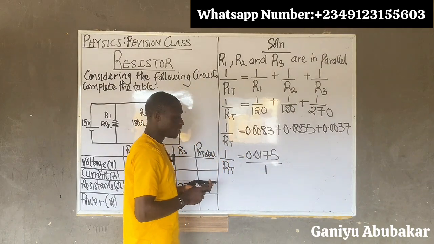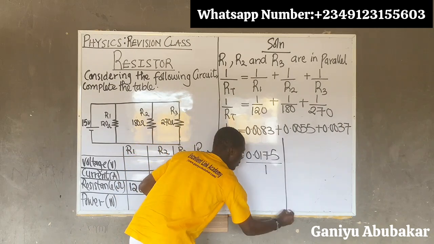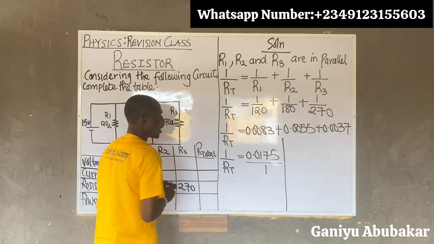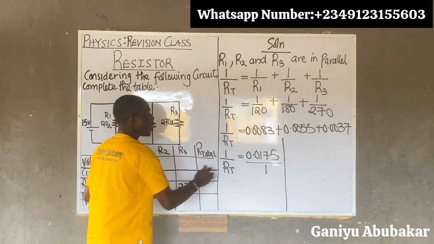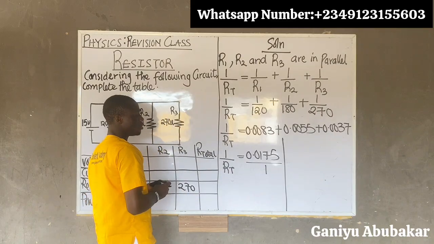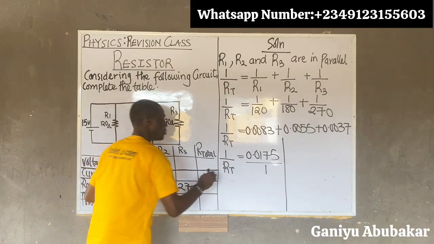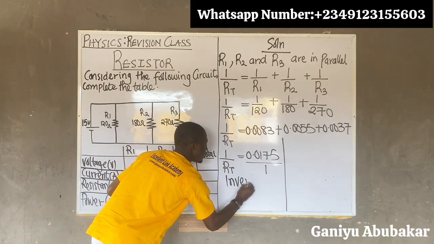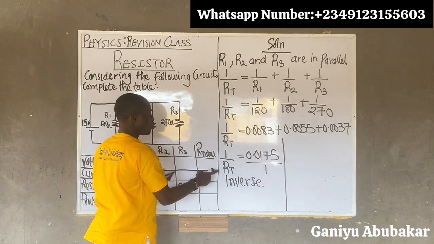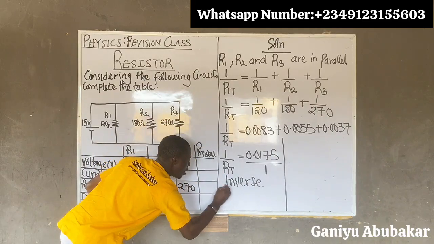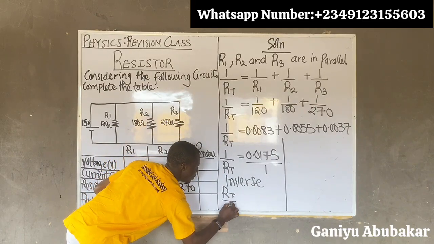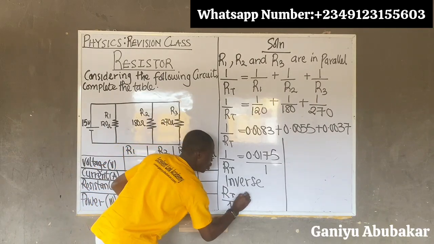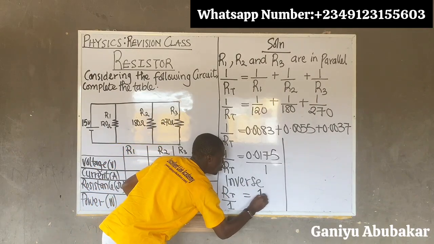It's still the same thing. From here, if I want to, I will invert the two of them. So taking this, I have R total over 1. Observe, inverse them, and this one comes up first. 1 over what?